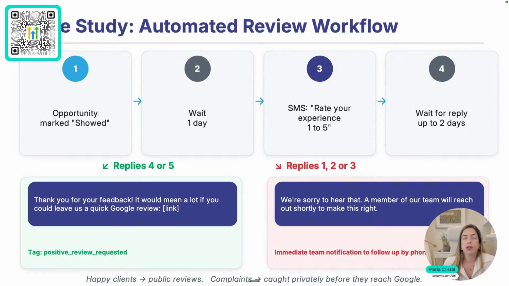A recent workflow I also built, and this is interesting for reputation, which we will talk about in a moment, is when an opportunity is marked as showed, for example, for the psychology clinic. Let's say a patient booked an appointment and they came in, so manually the staff marks them as showed. One day after, we will ask on a scale of 1 to 5, how was your experience via WhatsApp or SMS?